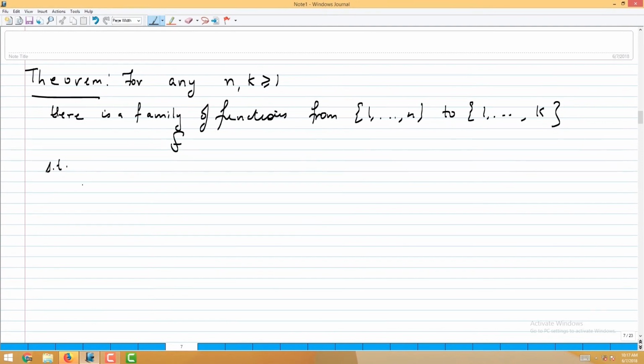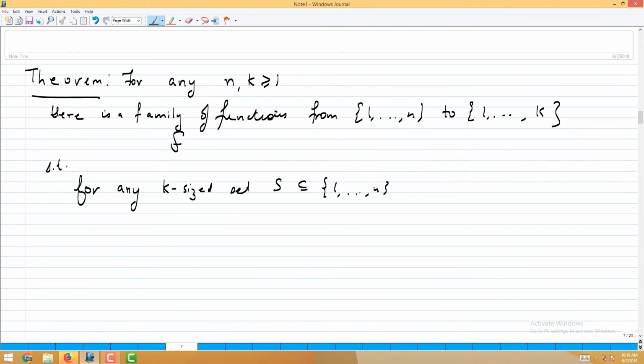The nice property is that if you look at any k size subset of this set from 1 to n, there is a function that maps this set injectively into 1 to k. I'll write it down first. For any k size set S, subset of 1 to n.